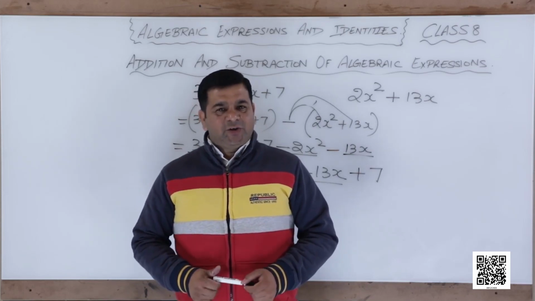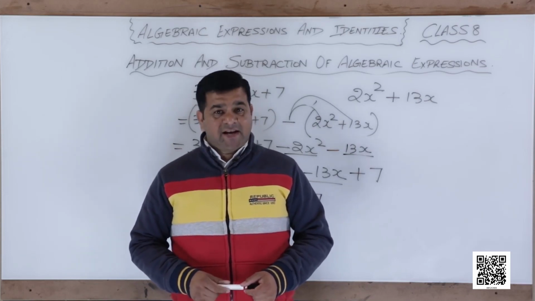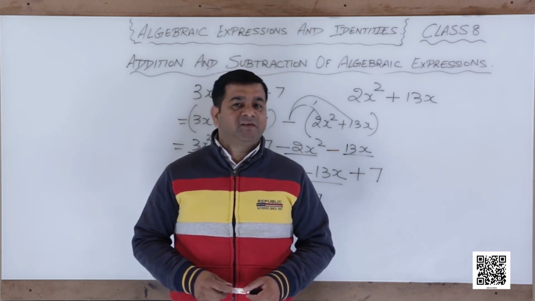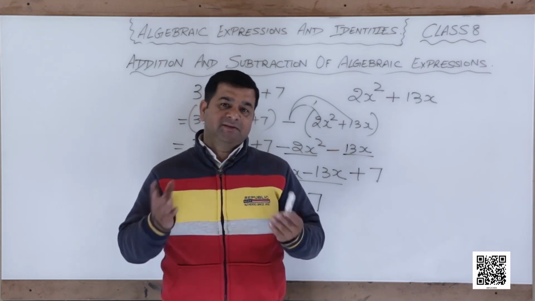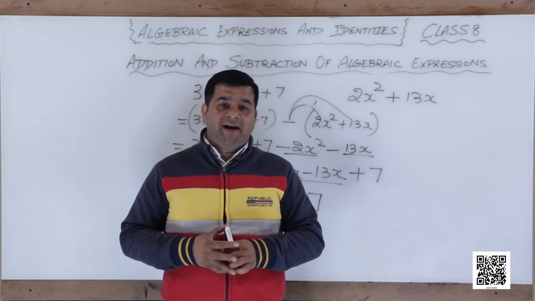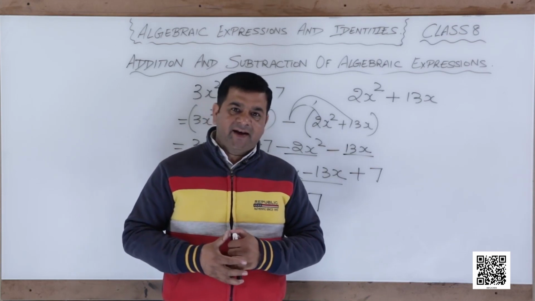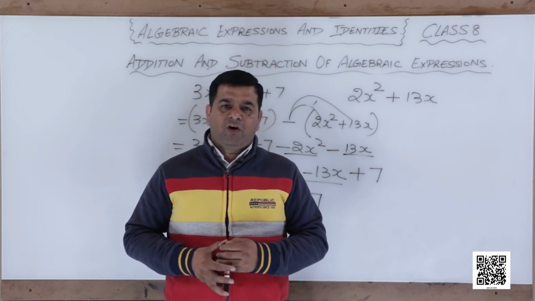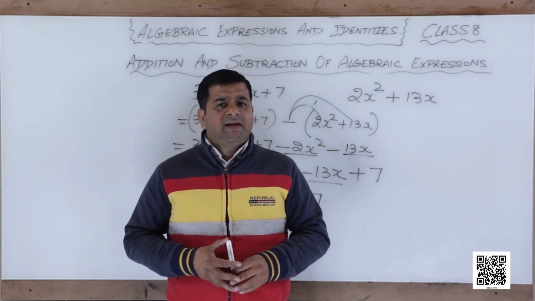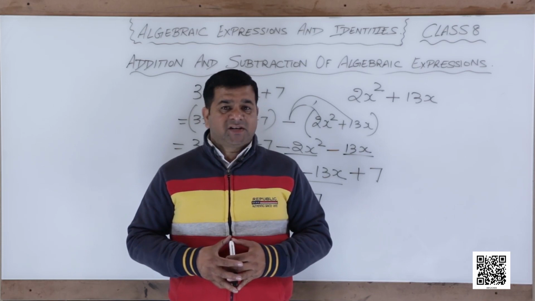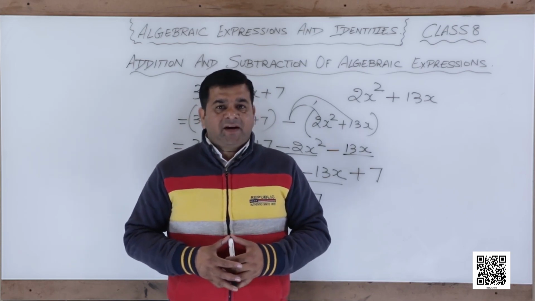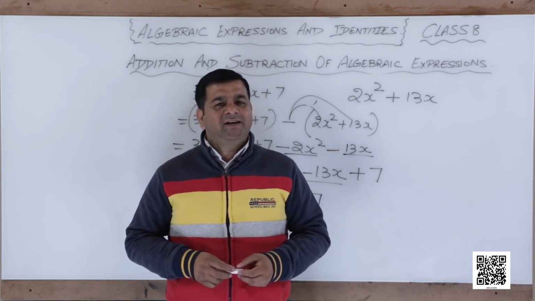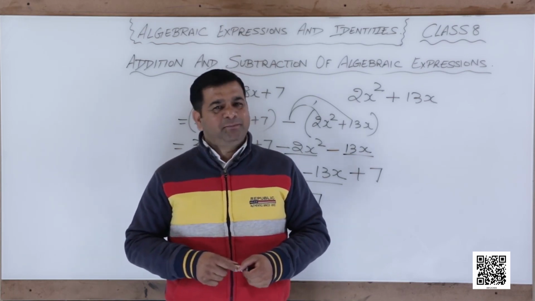So students, today we studied about algebraic expressions, types of algebraic expressions on the basis of number of terms, that is monomials, binomials, trinomials, and then like terms and unlike terms, and in the last we studied about addition and subtraction of algebraic expressions. In the next part of this lesson, we will study about algebraic expressions more and also their product and division. Till then, bye bye.